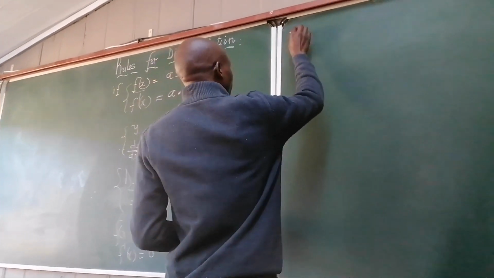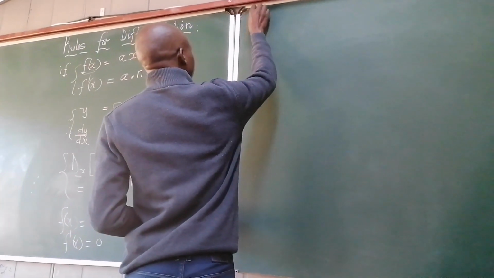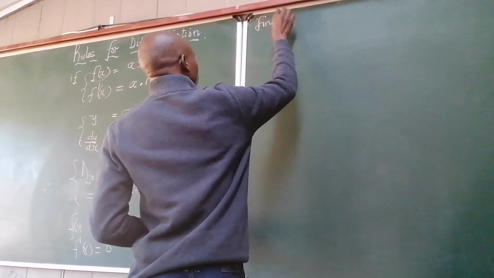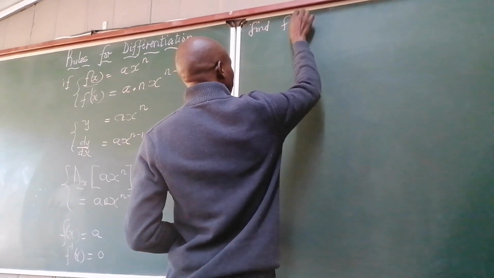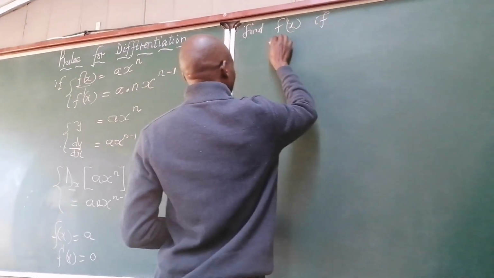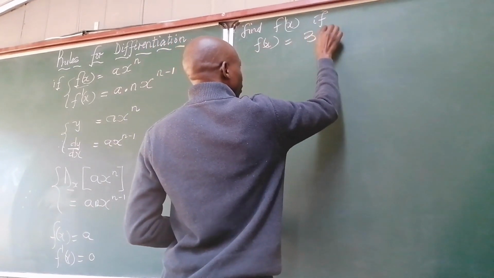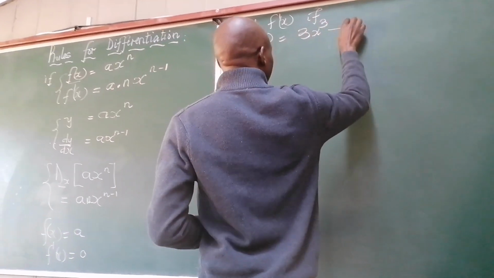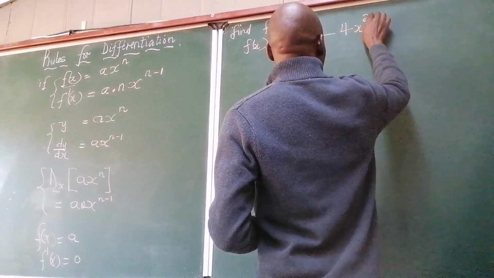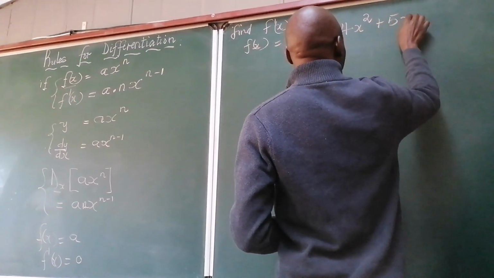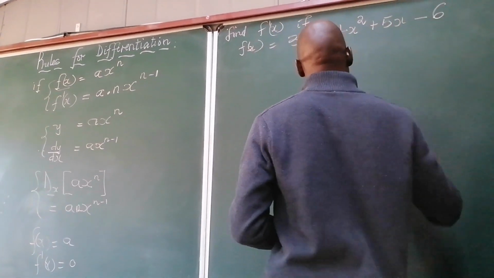For instance, find f prime of x if f of x is equal to 3x to the power 3 minus 4x squared plus 5x minus 6.